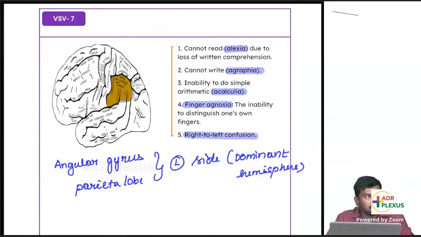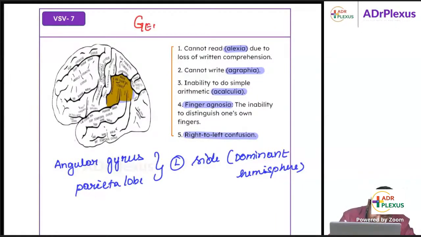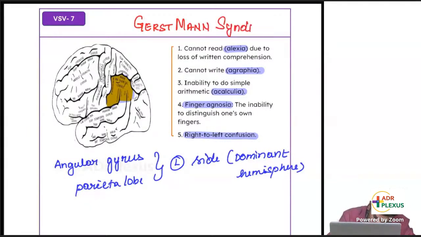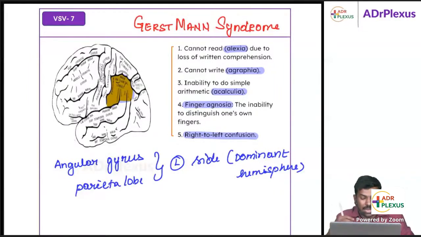It is Gerstmann syndrome, where the lesion is in the angular gyrus, and the patient is not able to read, write, calculate, understand the fingers, and differentiate right from left.